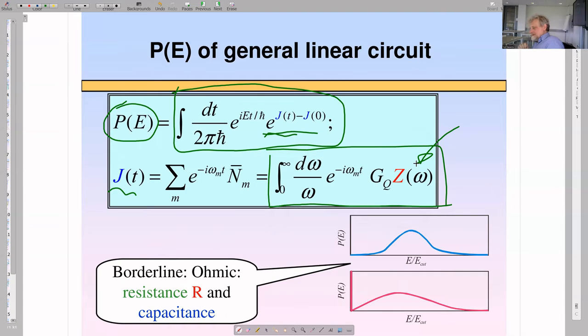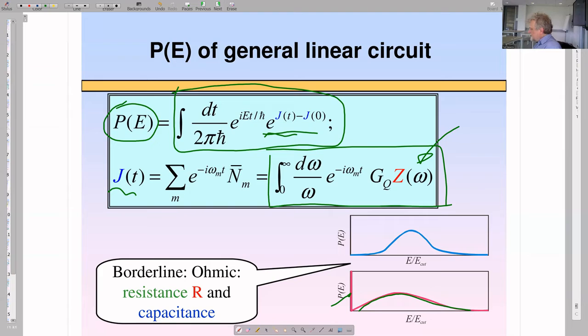What are various cases of P of E? In fact, we have seen something like that already for the oscillator. The two extreme and non-overlapping cases are, first, when we have a large probability of elastic tunneling and some tail of energy losses at high energy.